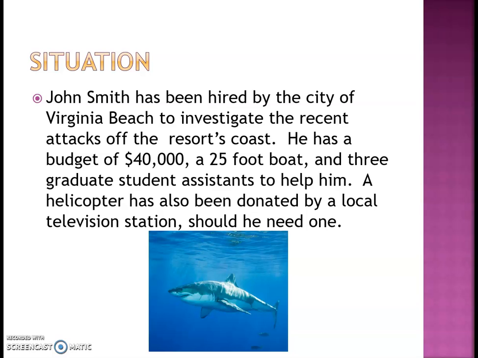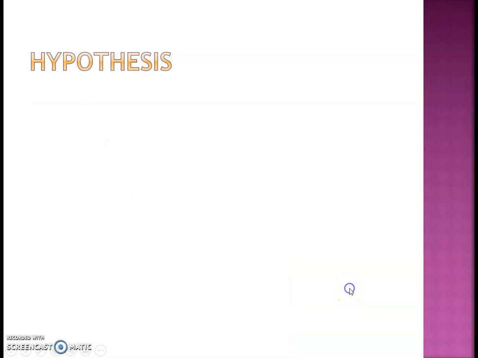He has a budget of $40,000, a 25-foot boat, and 3 graduate student assistants to help him. A local helicopter has also been donated by a local television station, should he need one. So this is our problem. And now we need to go about using the scientific method to investigate why they seem to have shark attacks happening.